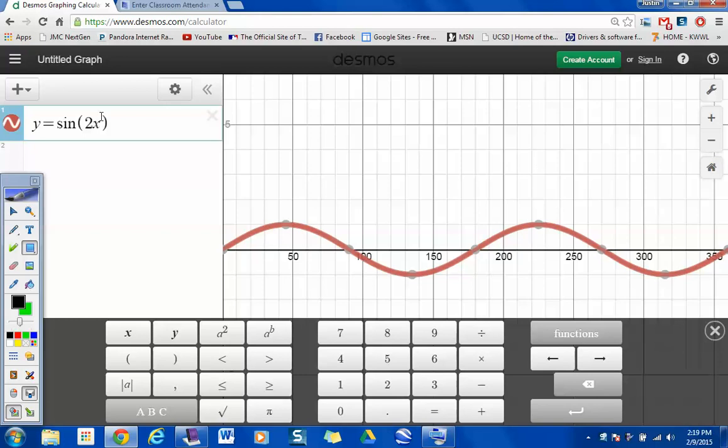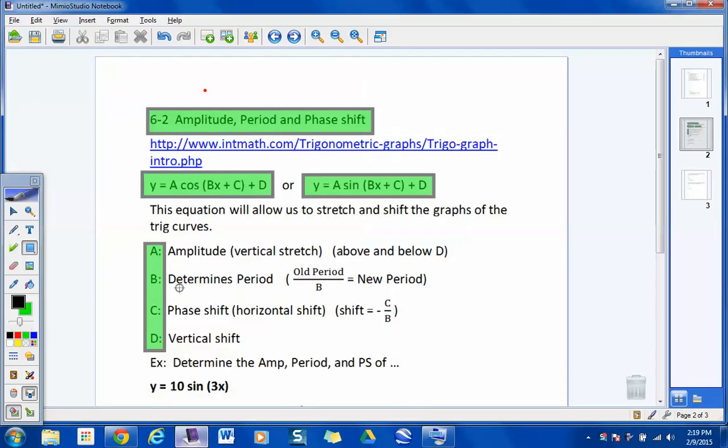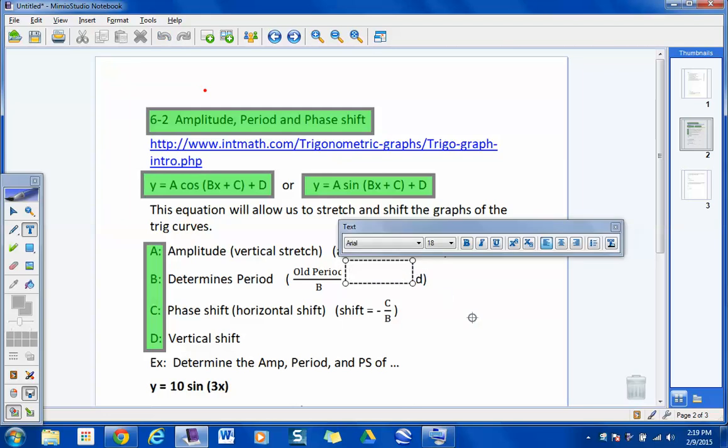So what I like to put down here in your notes, and maybe you want to do the same, is this. This part right here where it says determines a period, it's going to equal your old period. Typically, for sine and cosine, the number that you would have in there for an old period would be either 360 or 180, depending on the function. Okay?